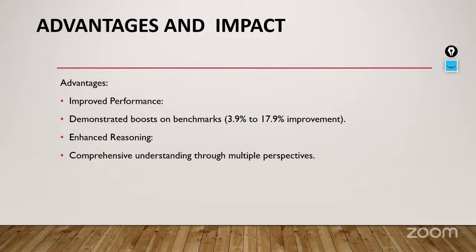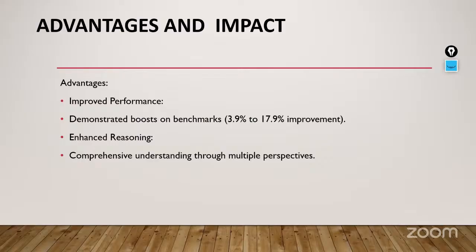If we are using this for mathematical calculations and other things, it will think wisely. It will think about the first calculation, then the second calculation, third calculation, fourth calculation, and after that it will give you the summary or the output. So it is based on improved performance.